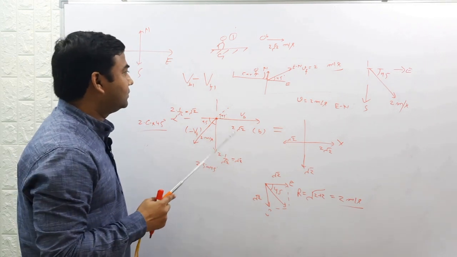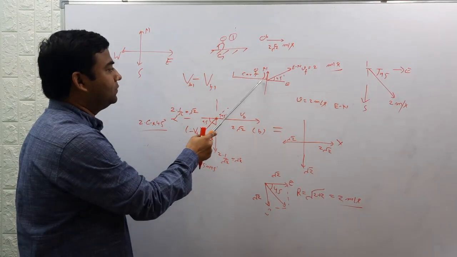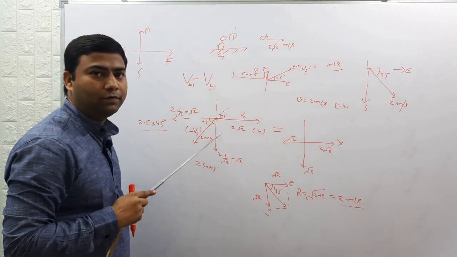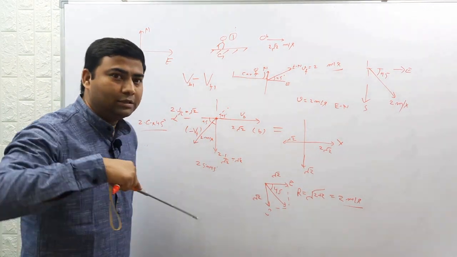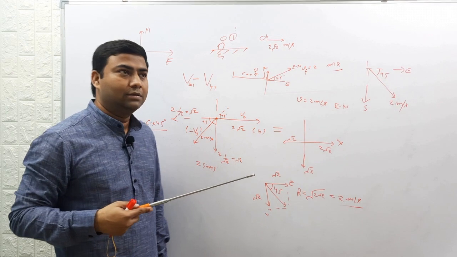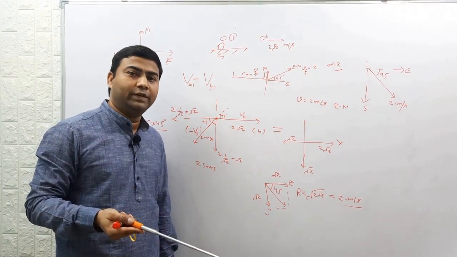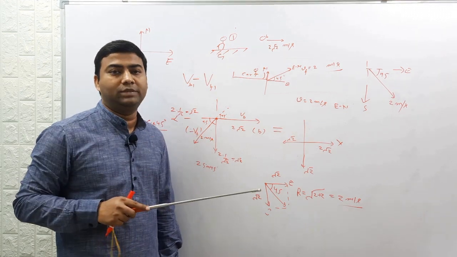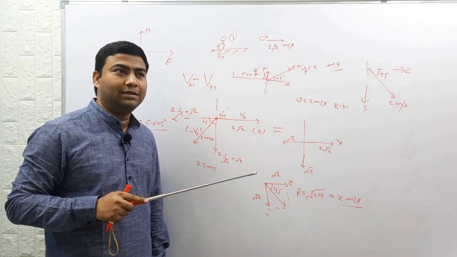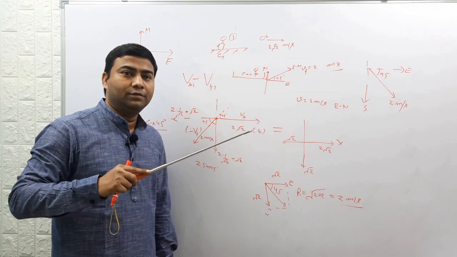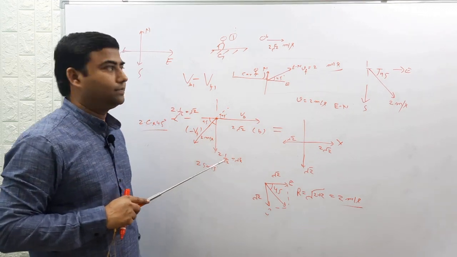So what we have done, we have just reduced velocity of moving frame from velocity of ball. This is a short and quick technique which you can remember. Just reduce velocity of moving frame from velocity of object. Then you will get velocity of object with respect to moving frame.